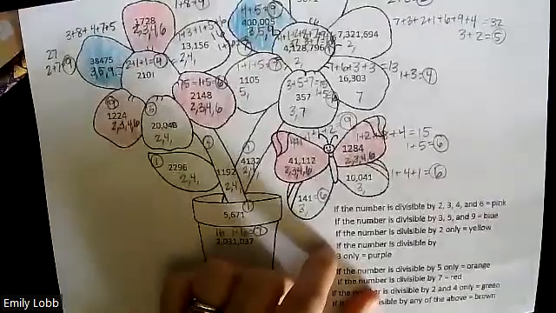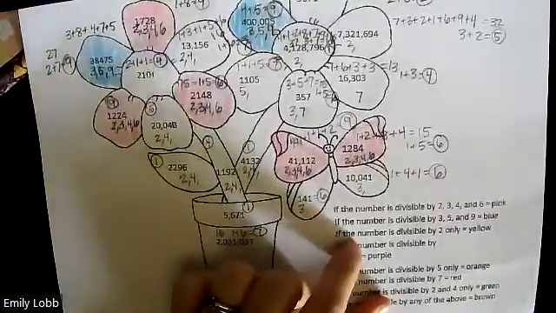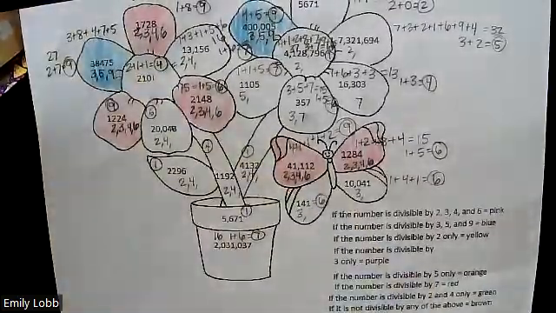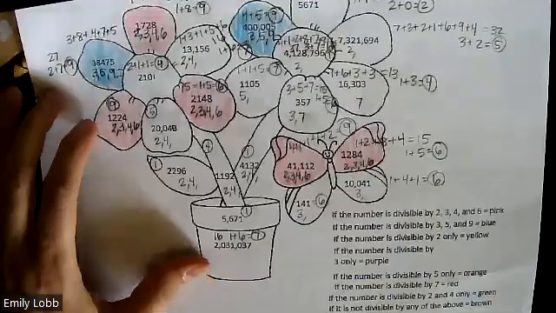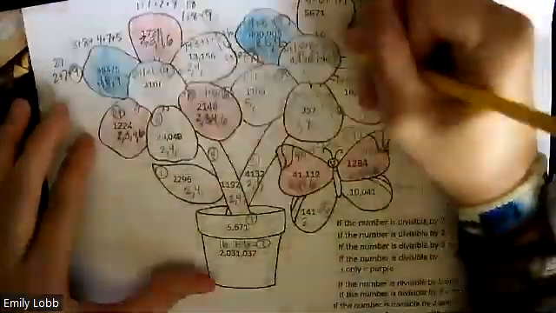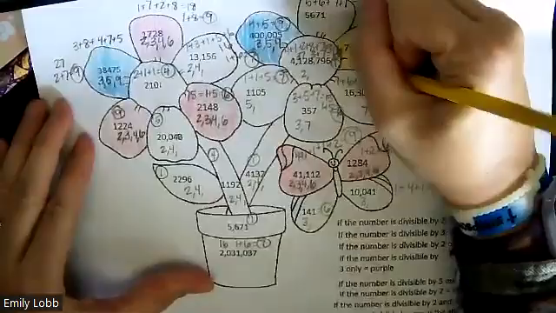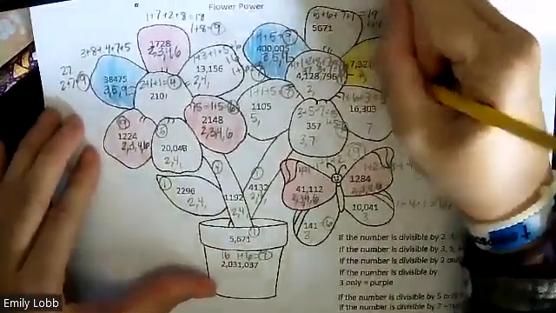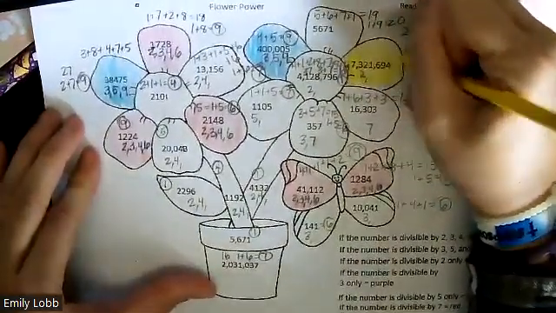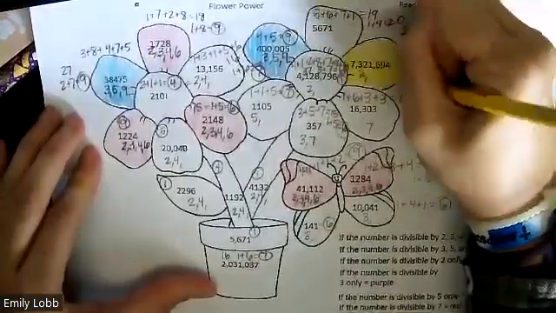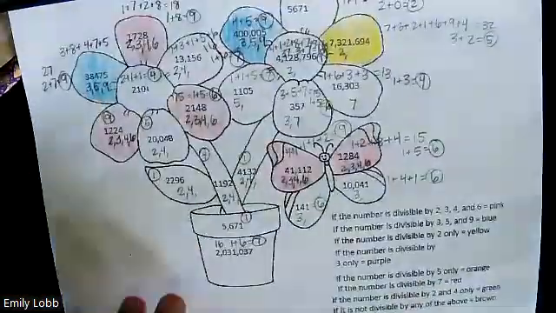So, if the number is divisible by 2 only, we're going to color it yellow. So the even ones that we said 2 only, which was literally just this one, right? This is a weird flower. I've never seen one of these in nature before.